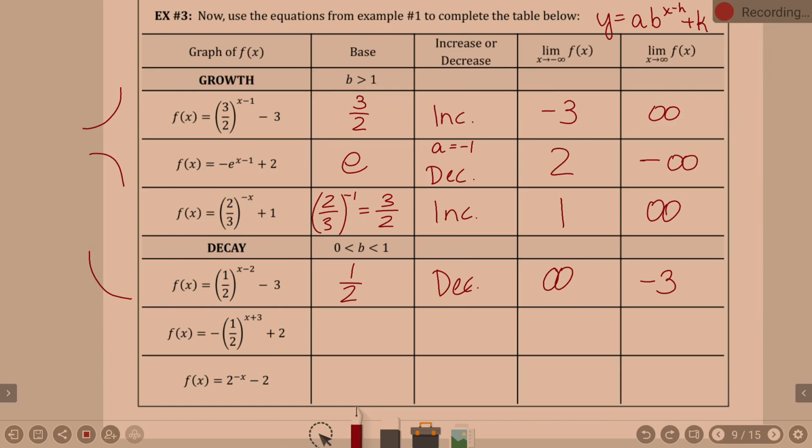Base is 1/2. Increasing or decreasing? Increasing. Because? The negative is out front, so it's reflected. Okay, that negative is out front. It's going to reflect us across the x-axis. So even though it was decreasing, now it's going to be increasing.